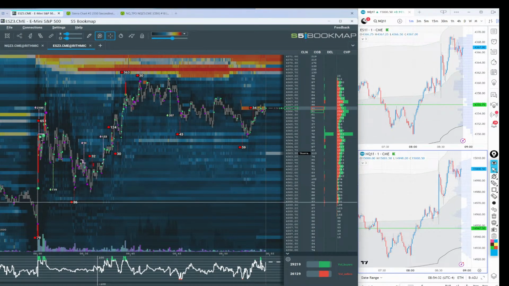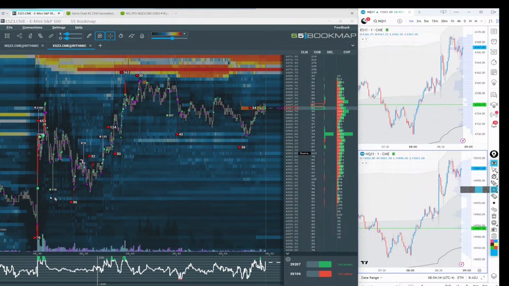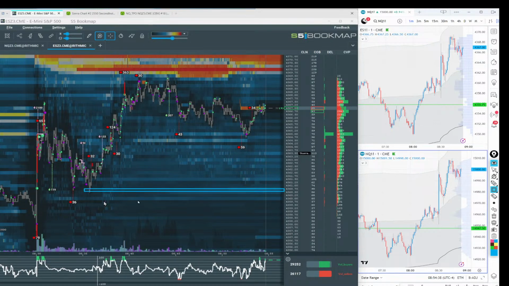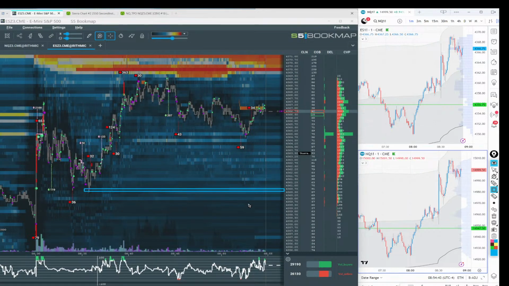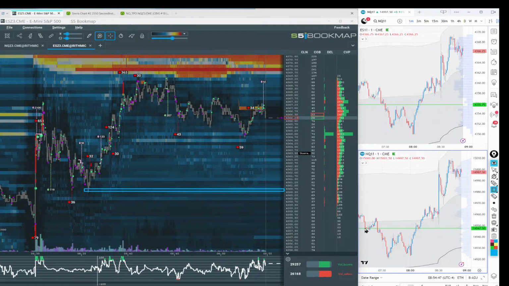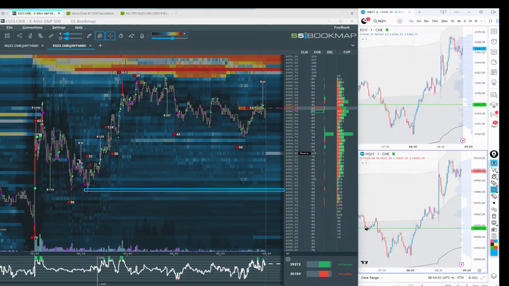That low there, if we drew a line, is that low going to remain intact to give us grounds for saying that it has the potential for an uptrend day? We know we've got some resting liquidity above. We know that there is an attraction up there. It's just a question of when they will get the fuel.